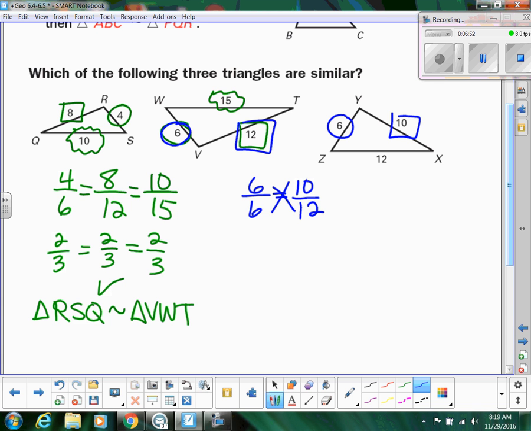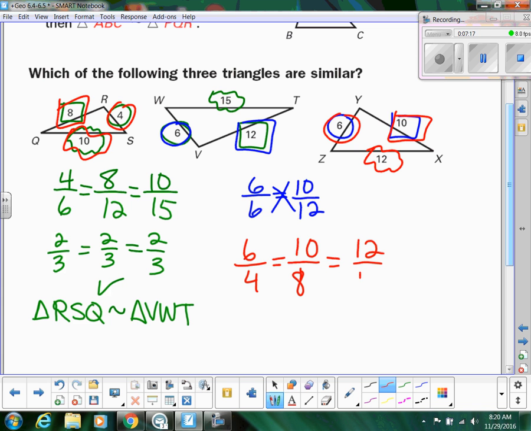We can also try the furthest left and the furthest right. So that would be 6 over 4. So 6 over 4, is that the same as 10 over 8? And then largest and largest, 12 over 10.